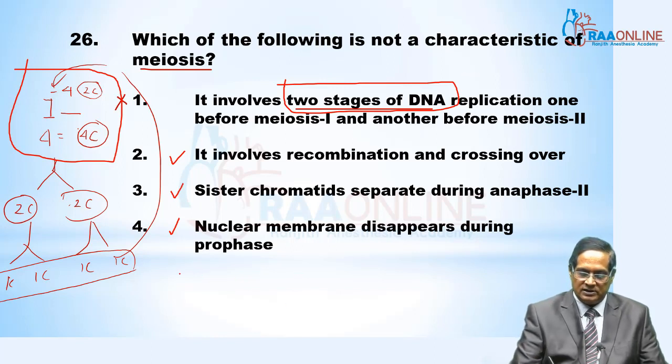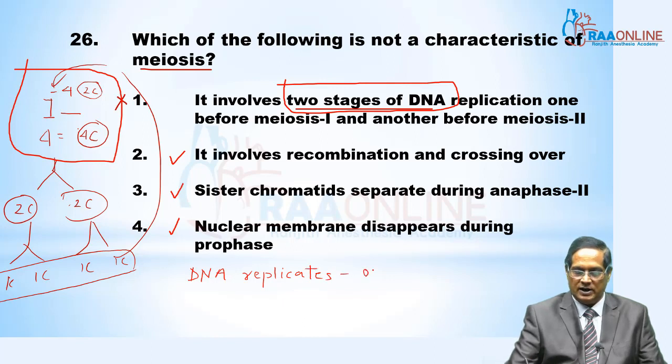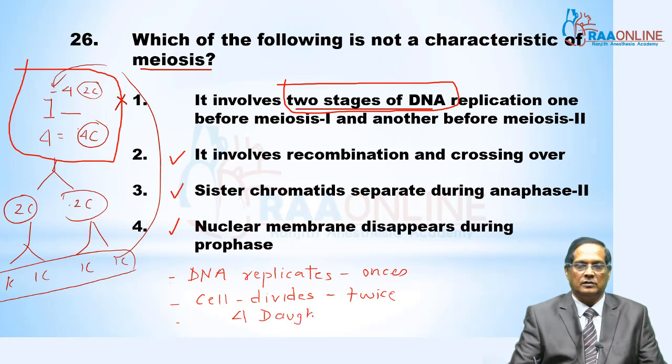For meiosis, DNA replicates once, whereas the cell divides twice and 4 daughter cells are formed.